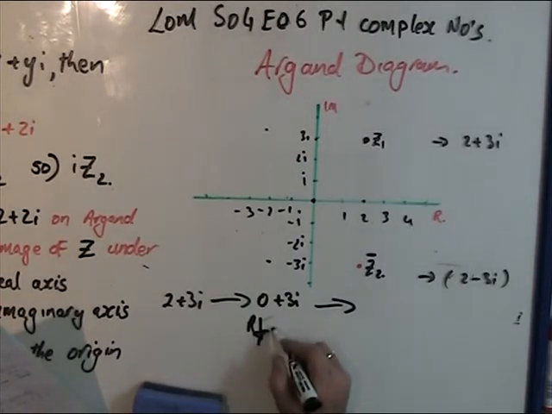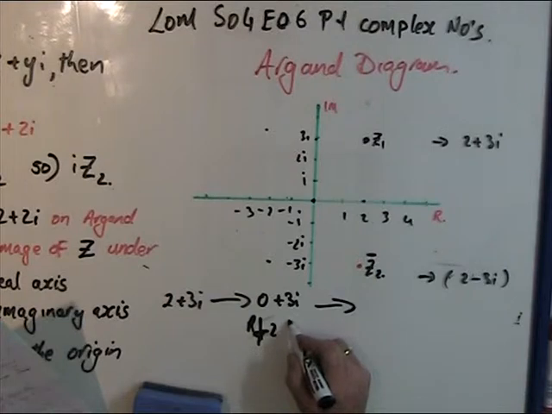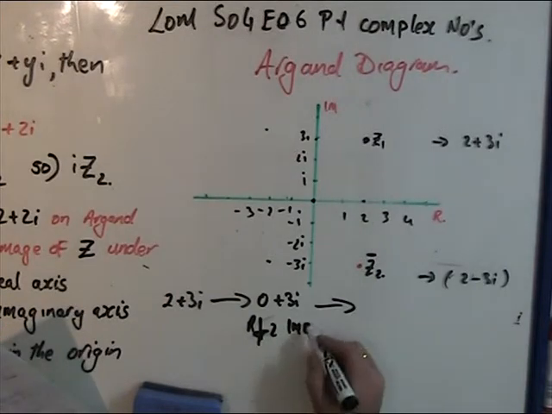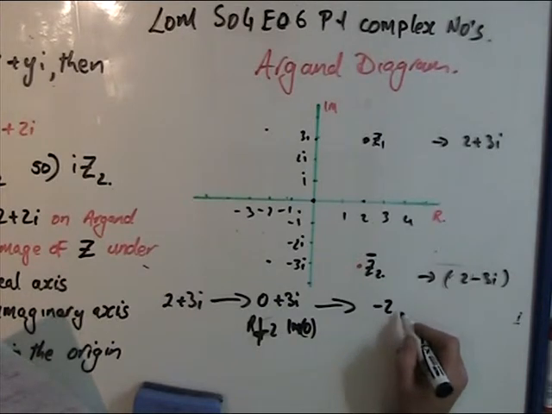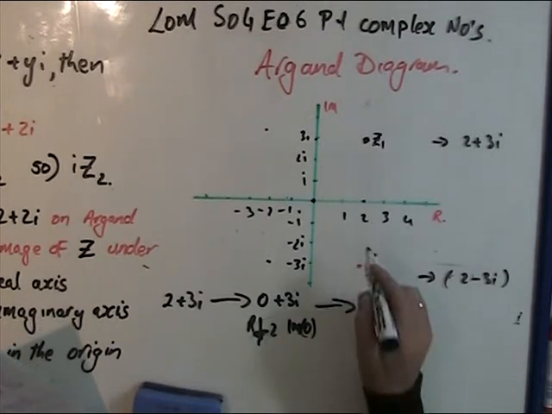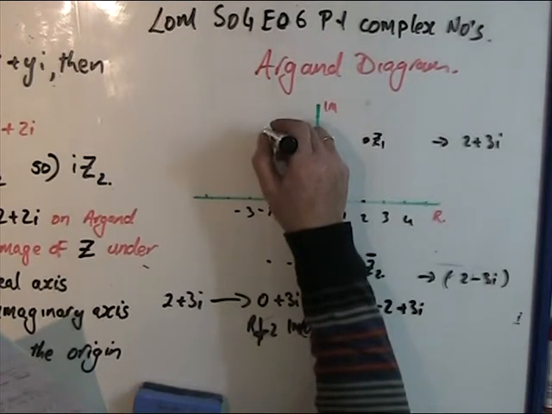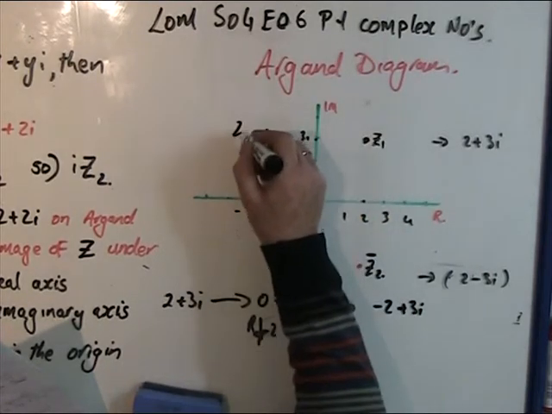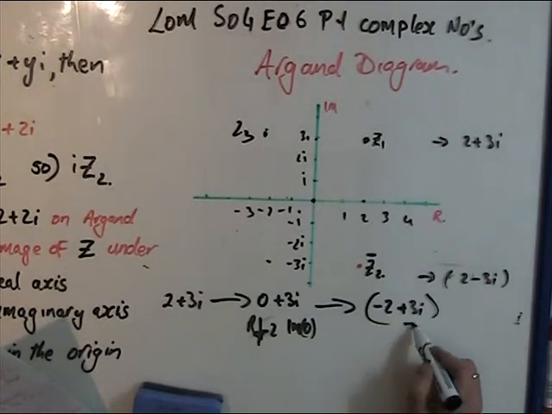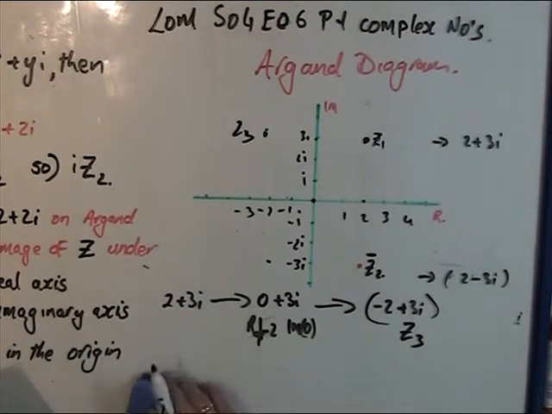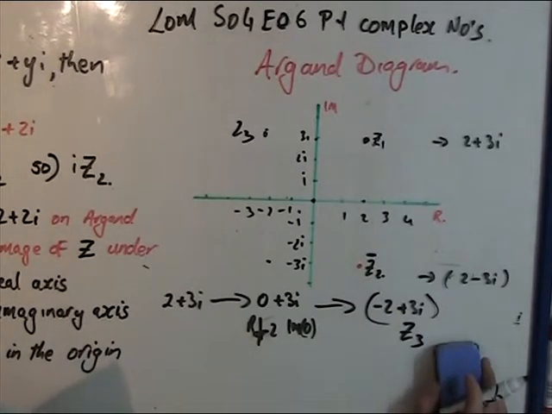The real went down by 2, and the imaginary didn't change, so 0 happened to it. So down 2, so it'll be 0 minus 2 plus 3i, and that's minus 2 plus 3i. Okay, so that's Z3, we call that Z3. So it's minus 2 plus 3i, and it's not the conjugate. So you can see that these are all just translations.